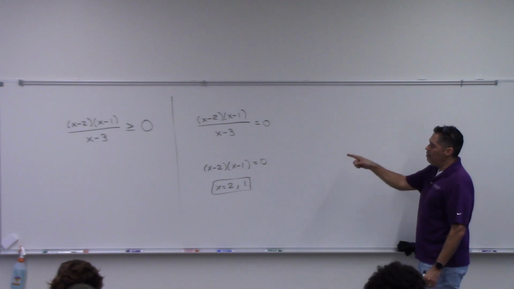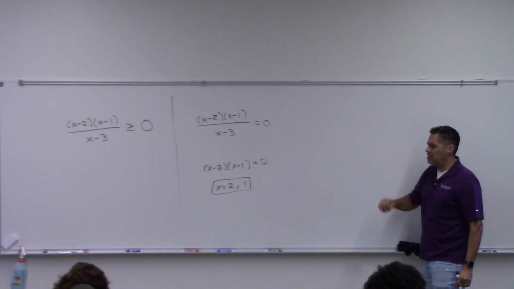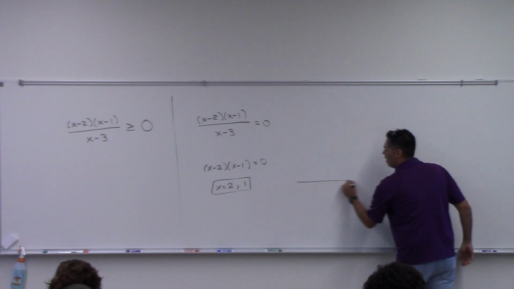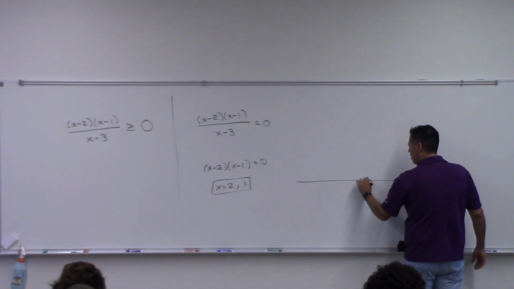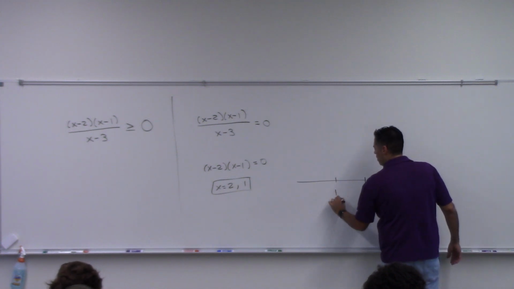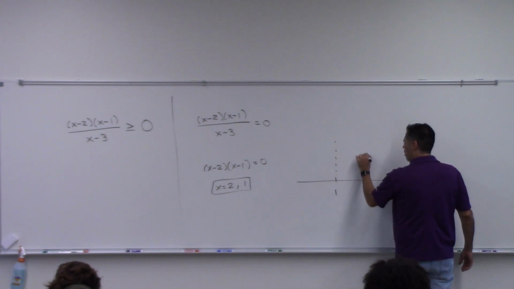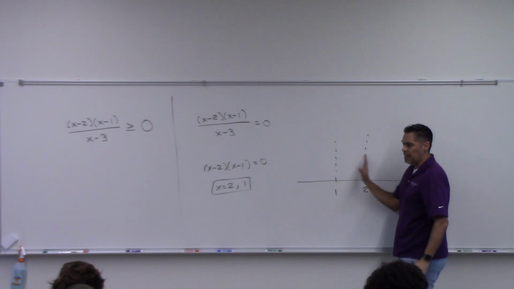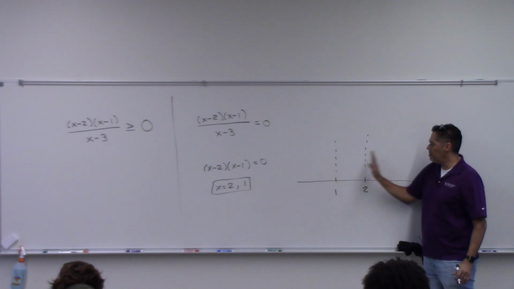We also know that the bottom can't be 0, but I'll get to that in a second. I'm going to draw a number line right now and put those 2 points on there, 2 and 1. Those are not vertical asymptotes. That's just me breaking up the number line into, right now, three sections.